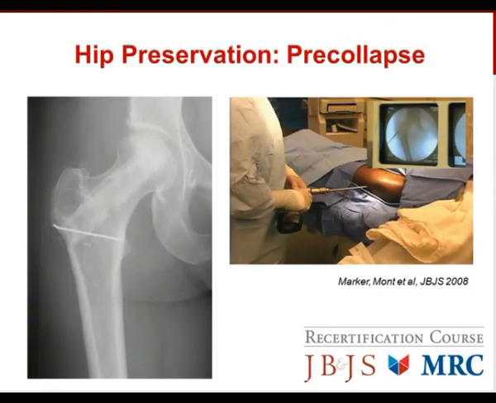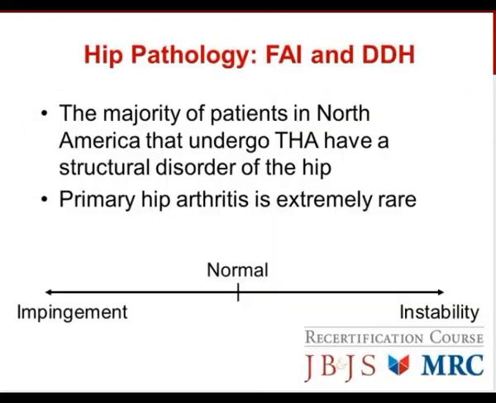So hip preservation should really be reserved for those patients who have pre-collapse disease, as you can see here. Whether it's a free vascularized fibular graft or core decompression is controversial, and it's unlikely that they would ask you that on the test.